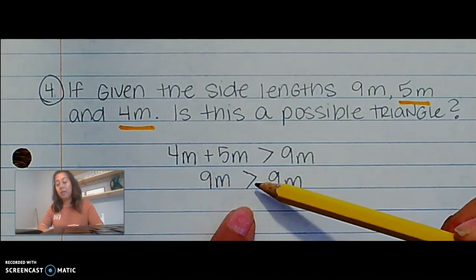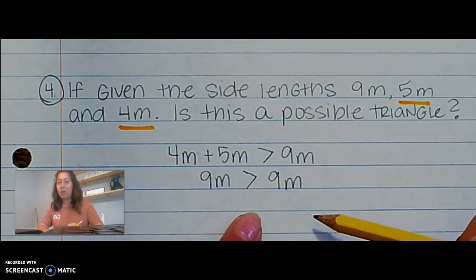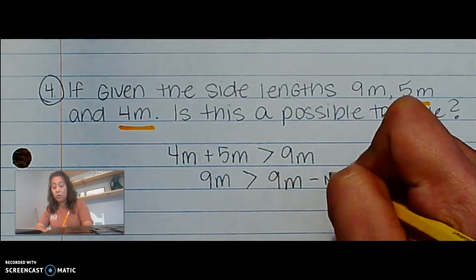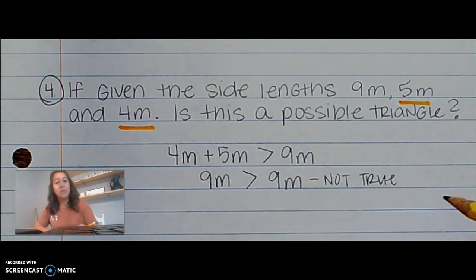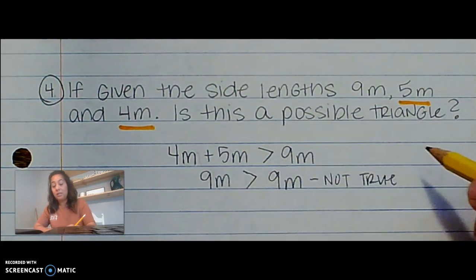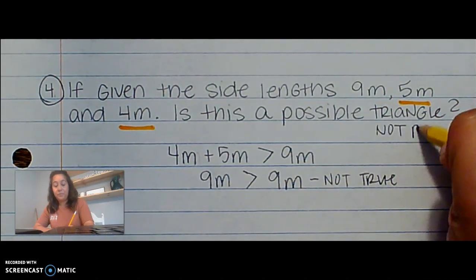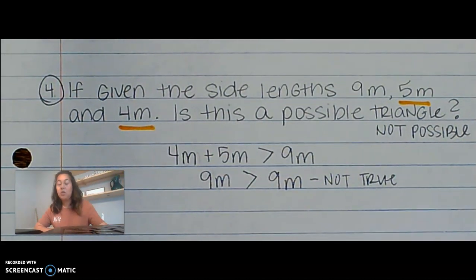This symbol is not a greater than or equal to. It has to be greater than. And in this case, they are equal. They are the same. So this statement is not true. Okay. And therefore, since the statement is not true, this is not possible, okay? So this cannot be a triangle, okay?